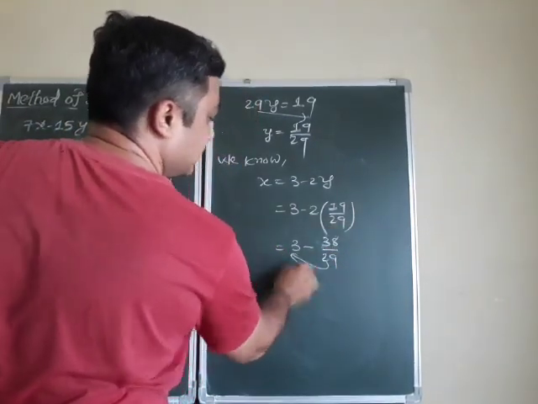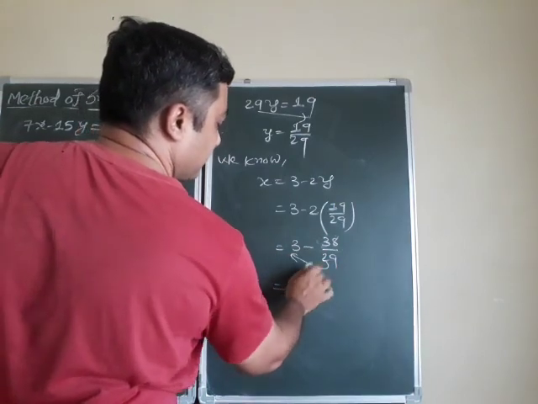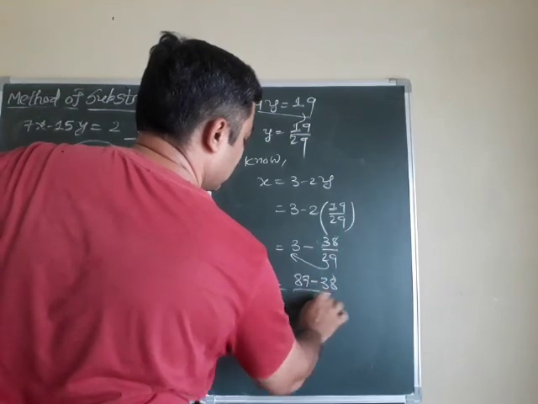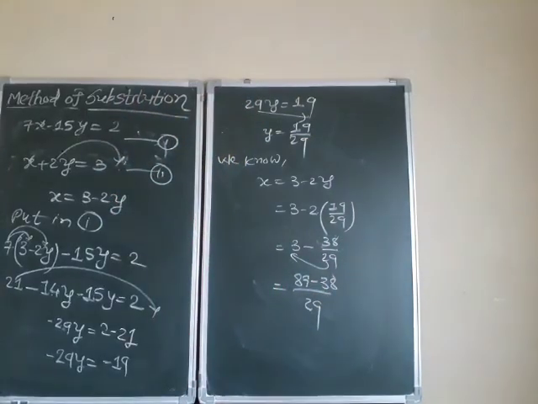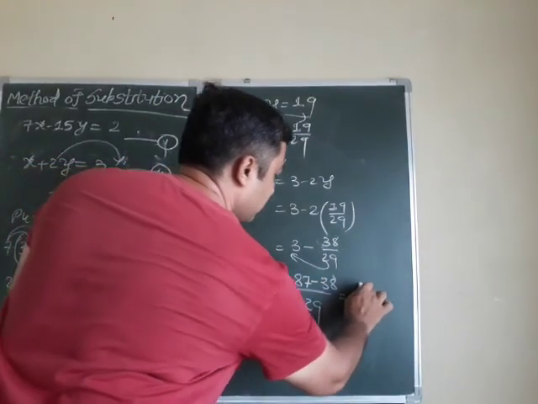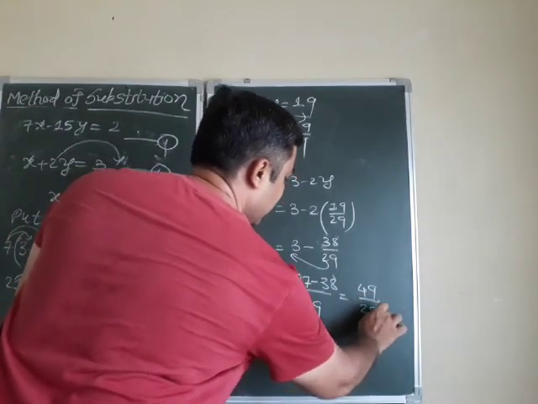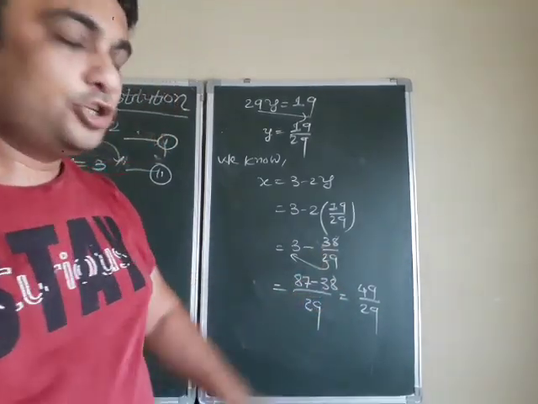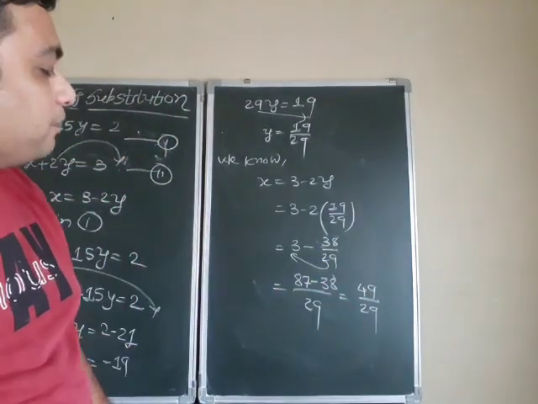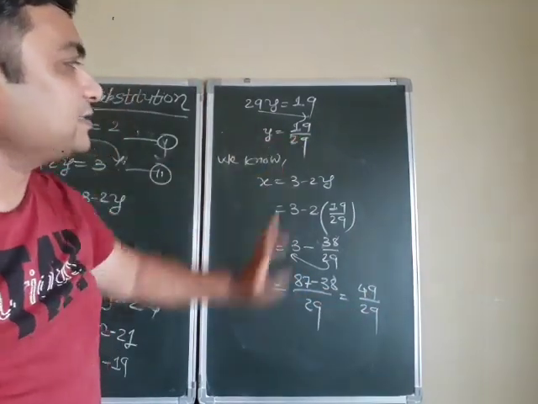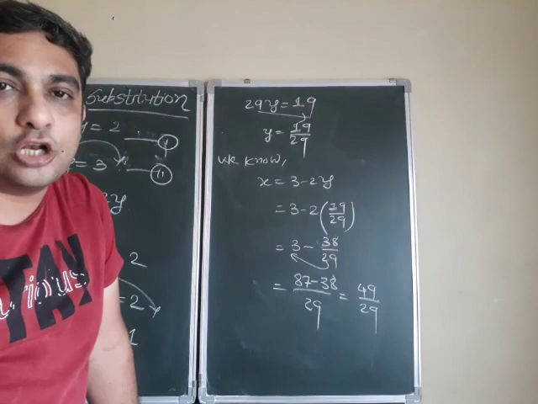This 29 is multiplied here, so 29 into 3 is 87 minus 38 upon 29. So 87 minus 38 is equal to 49 upon 29. So I got the value for x. So x is 49 by 29 and y is 19 by 29. So this is the solution.